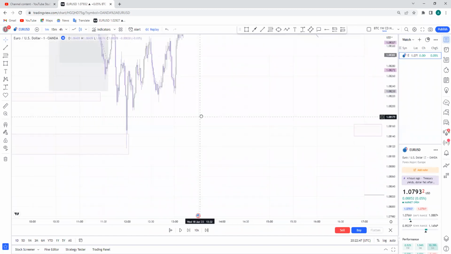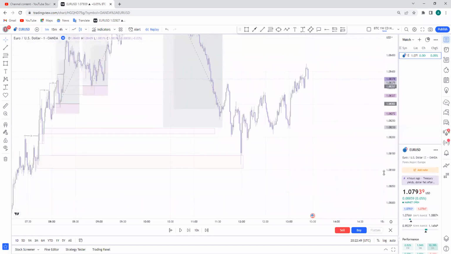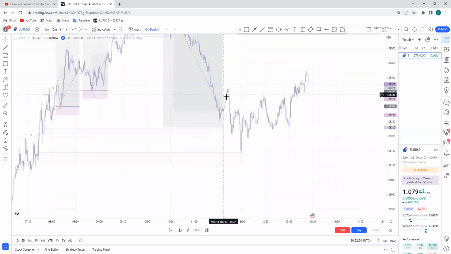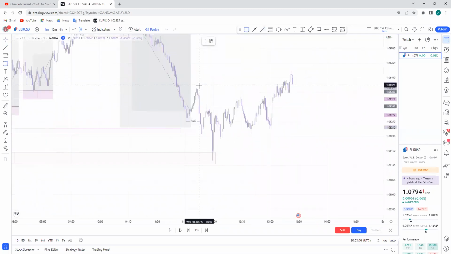Price got here and reacted and started buying, what? Started creating higher high, higher low. Now, this is our what? Our supply zone. Don't forget, we have high and low. We have a break of market structure from here. We have BMS, break of market structure. So this is our supply.